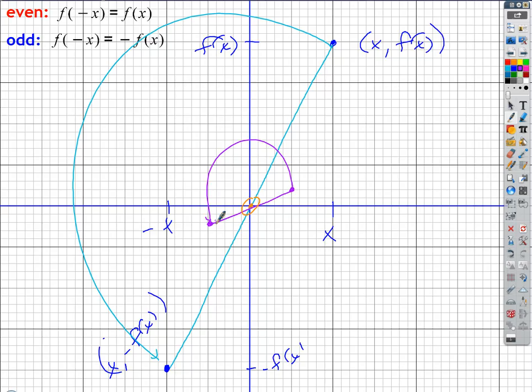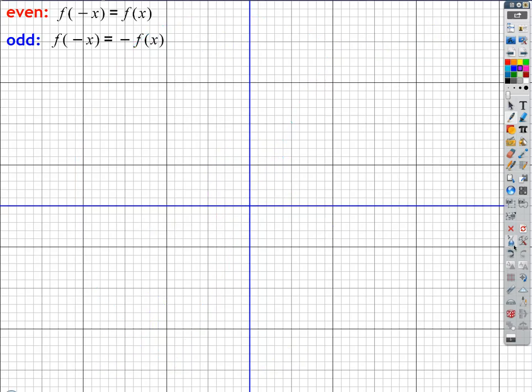So odd symmetry is rotational symmetry about the origin. If I take a function that's odd, here would be an example. That's half of it. The other half would have to look like this, because that's the half I would create if I just spun this half a turn.